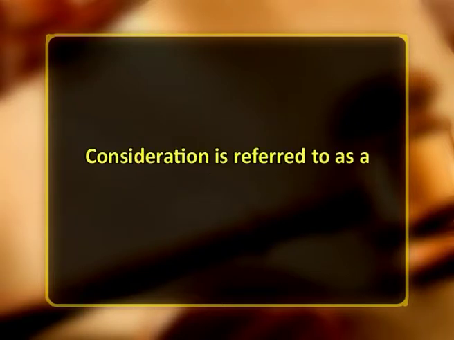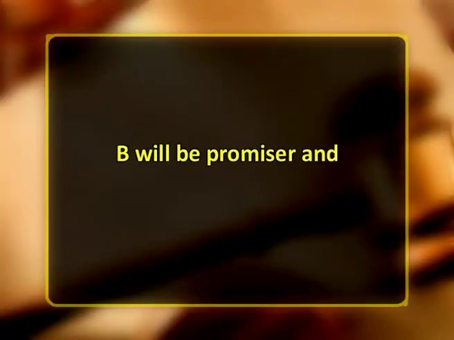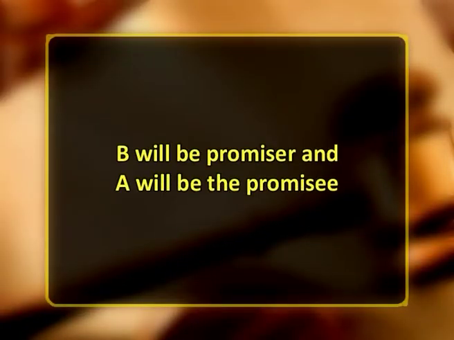That is why consideration is referred to as a concept with a double aspect. It can also be seen that consideration is mutual. For instance, if A promises to sell his house to B for rupees 10 lakh, here A is the promisor and B is the promisee. In the same transaction, where B agrees to buy the house for rupees 10 lakh, B will be the promisor and A will be the promisee.